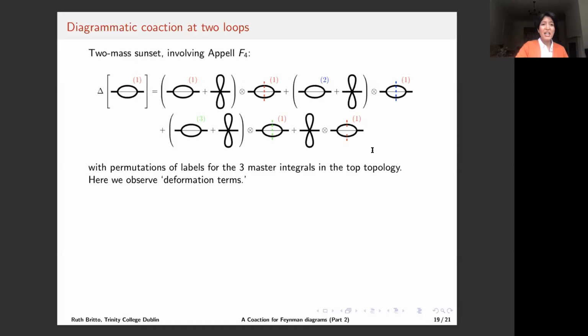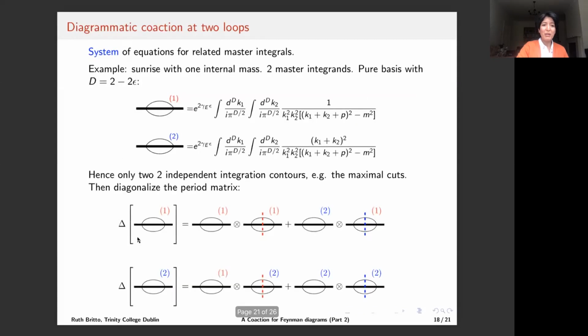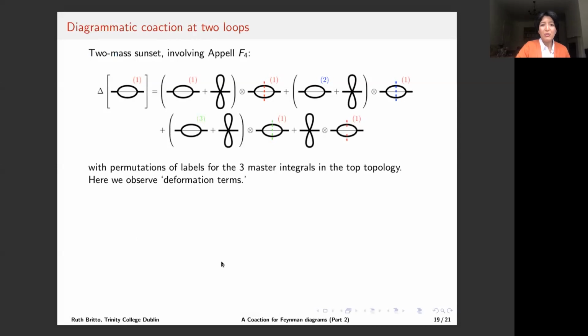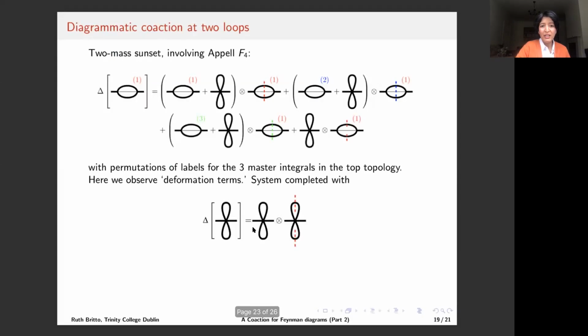And so to save space here, I've omitted writing the 2 other equations that are exactly like this, but with these labels permuted. 1, 2, and 3. Very similar to what we observe here in the case with 1 mass. And then just for completeness, we can write the coaction on this double tadpole master, which of course follows directly from what we observed at 1 loop.